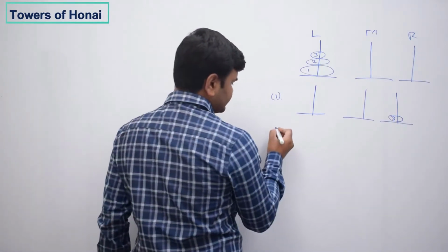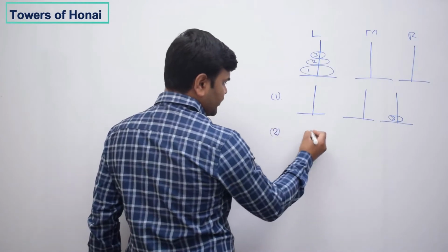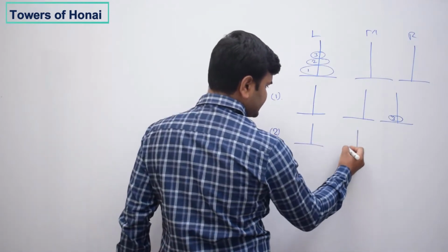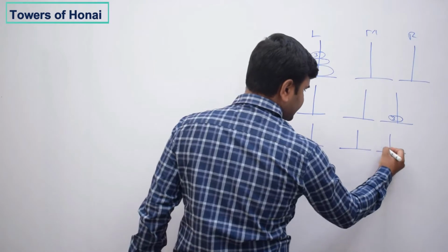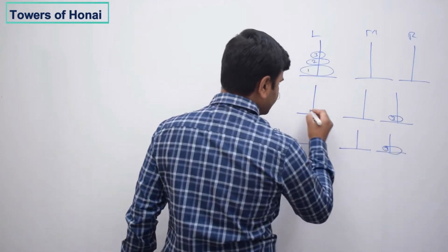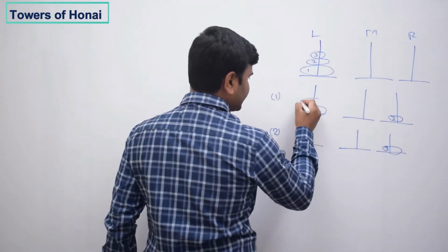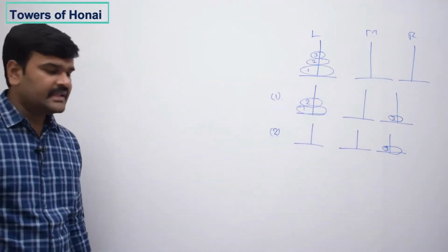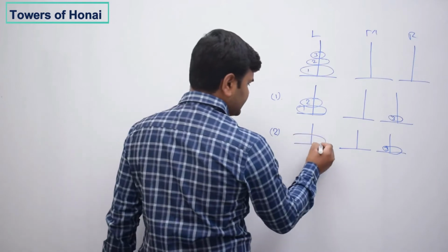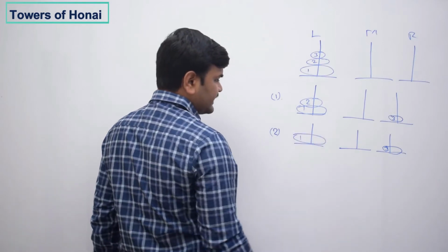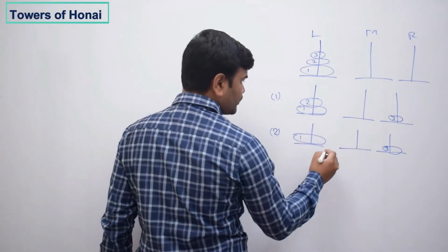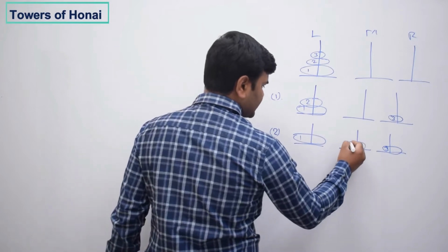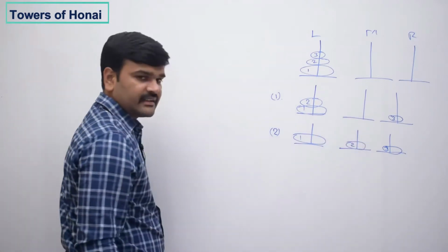And what is the second movement? Now this is the status. The third disc exists at the right tower, and here disc 1 and disc 2 we are shifting to the middle tower, so disc 2 is at the middle tower.